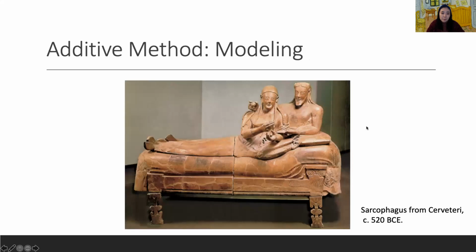And this is the modeling method of sculpture. Modeling in clay and wax is an additive process. The artist builds up the work by adding material. Clay and wax are pliable enough for sculptors to model them with their hands.